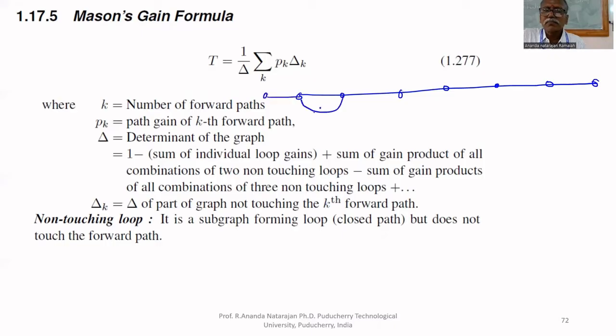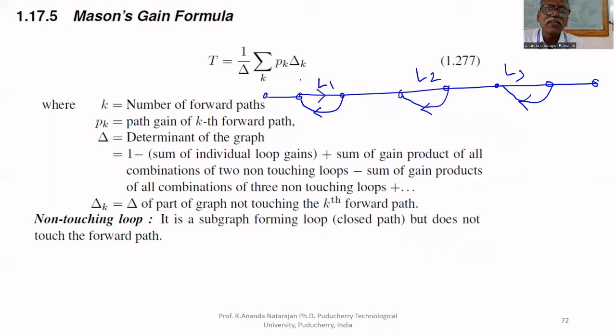One loop is here, another loop is here, another loop is here. This is L1, loop 1, loop 2, loop 3. L1 and L2 are non-touching loops. L2 and L3 are non-touching loops. L1 and L3 are also non-touching. Therefore, you will get three components.